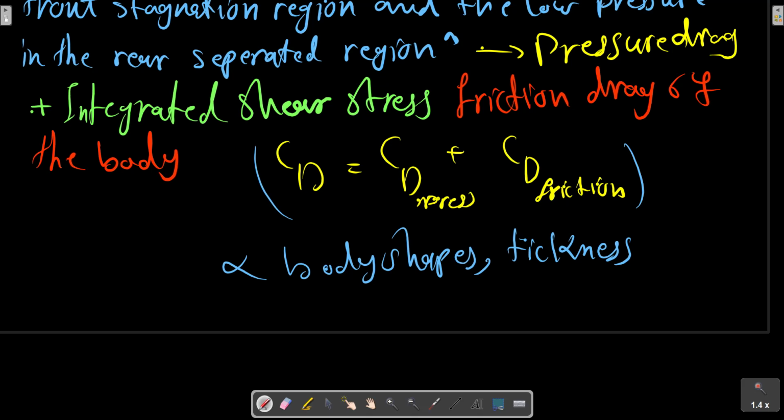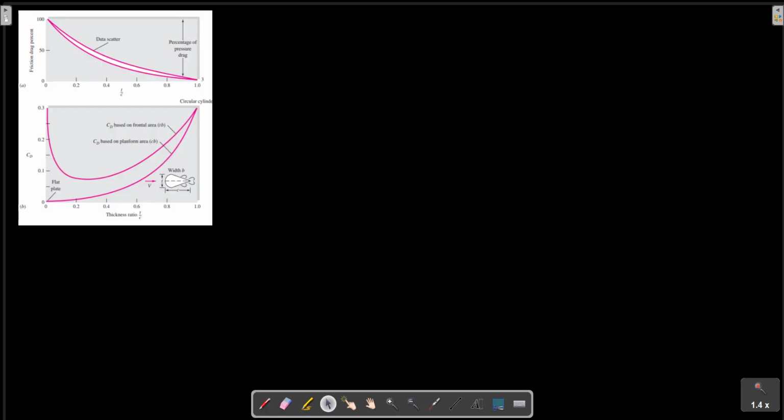The next page shows a picture of drag data for a streamlined cylinder of very large depth into the paper. Let me provide the picture here. At zero thickness, the body is a flat plate and exhibits 100% friction drag, as shown in this picture.